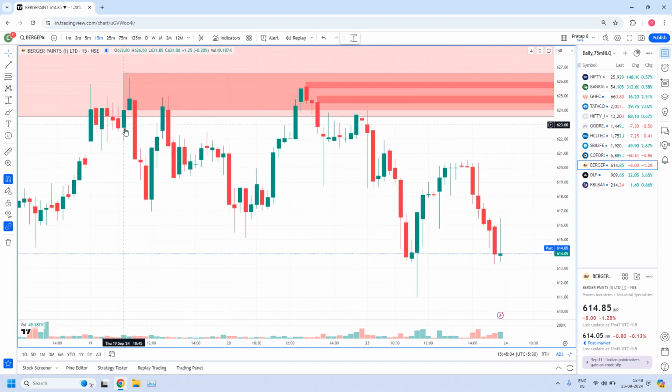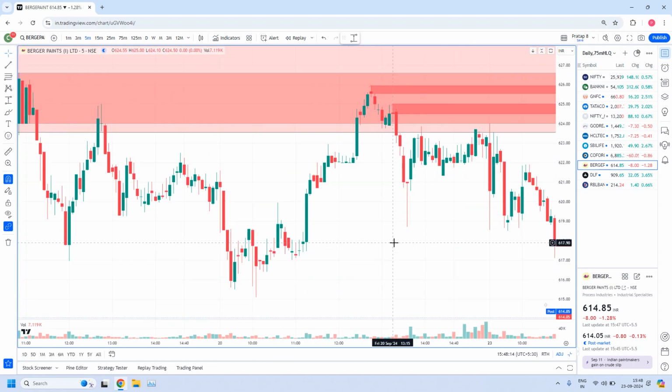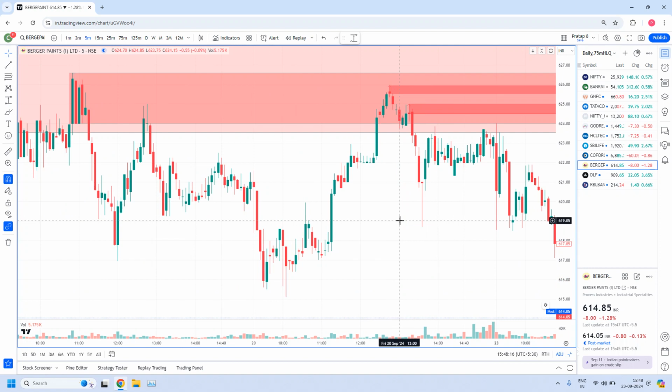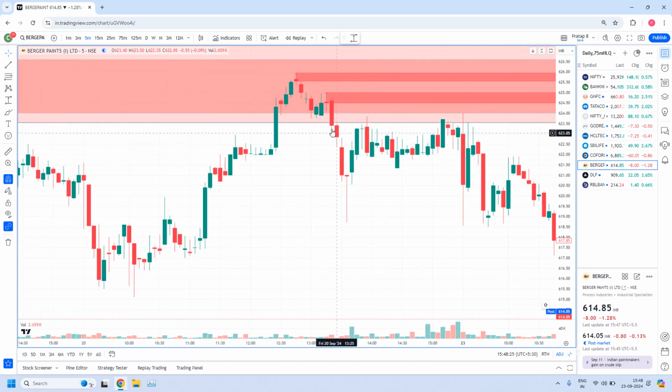Here you have a rally base drop. Within this area, again fine-tuned with the 5 minute time frame, we identified 2 order flows. This is the rally base drop with some hidden body, and this is the second rally base drop.